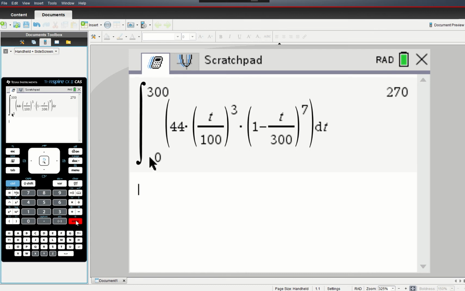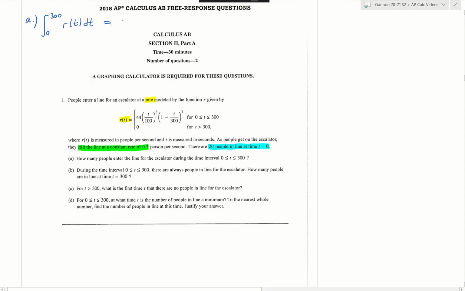If we hit enter, we should get the answer of 270. So that answers part A: 270 people entered the line from 0 to 300 seconds.